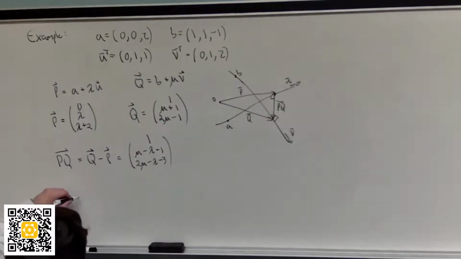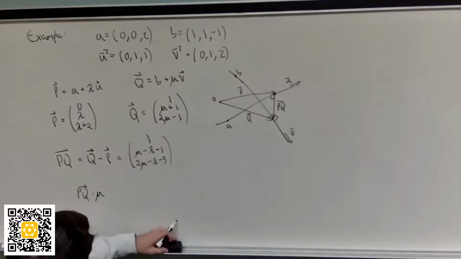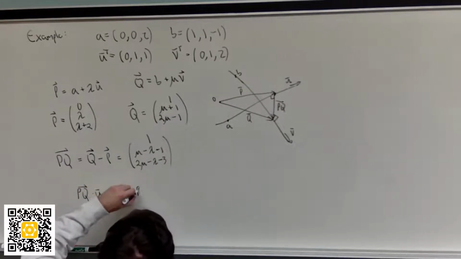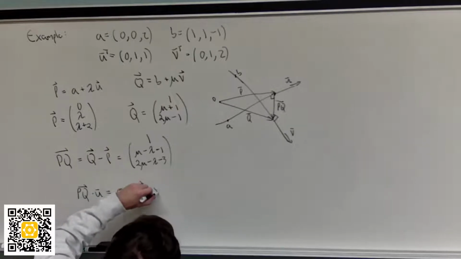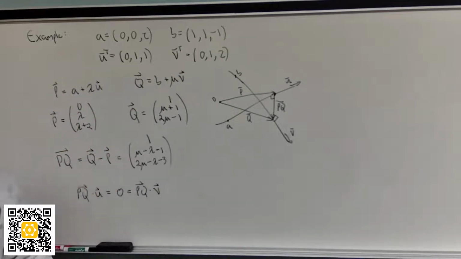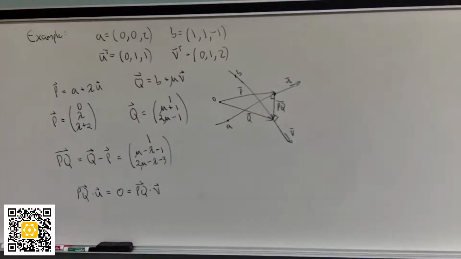So essentially, PQ dot product the U vector should equal 0, and that 0 should equal PQ times the V vector, because they should be forming that 90-degree. So this is how we're going to be finding what lambda and mu are, by solving for this.